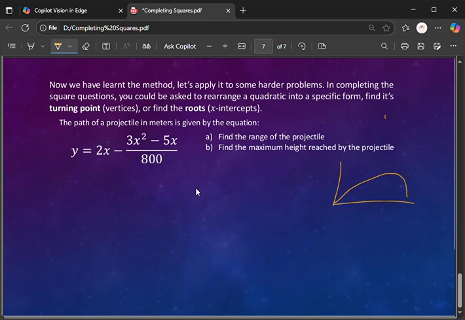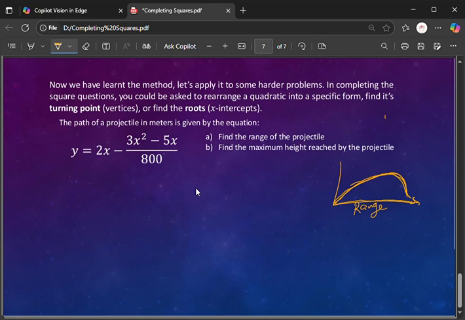A path taken by anything that is thrown and moves in this trajectory, in this path. It could be a stone, it could be anything. So this is the range. Okay, so the range is the value of x. You can see it is the horizontal, the x-axis. So they want you to find the value of x.